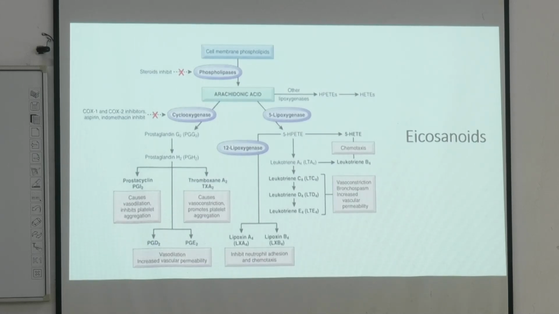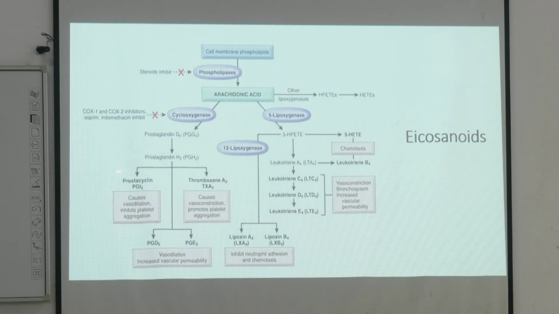Very important short note: the cyclooxygenase pathway and the 5-lipoxygenase pathway. From arachidonic acid, by the function of cyclooxygenase, we get prostaglandin G2 and prostaglandin H2, which are precursor molecules.